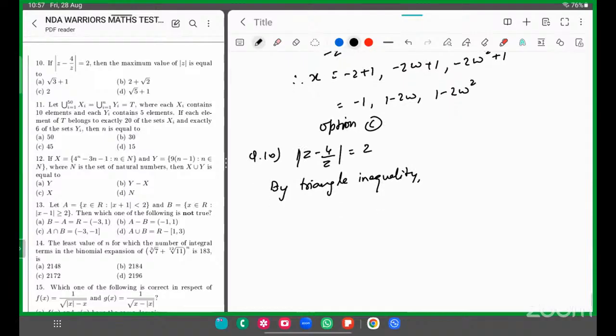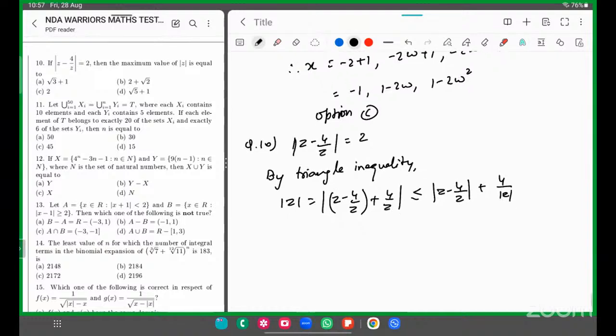Inequality. We have mod z is equal to mod of z minus 4 by z. We can add and subtract this 4 by z to this z value, which is less than or equal to mod of z minus 4 by z plus 4 by mod z.